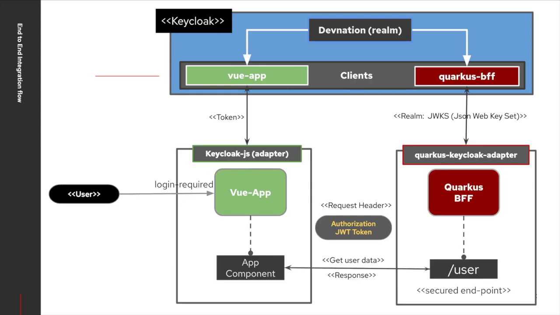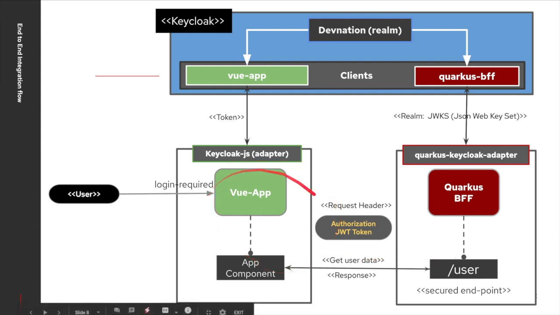To understand the end-to-end architecture, I have created one Quarkus backend API for this front-end application. Same process: I've created a Quarkus BFF client in Keycloak under the same realm. With Quarkus, you get a Quarkus Keycloak adapter that you can use to protect your REST endpoint. I have a very simple user REST endpoint.